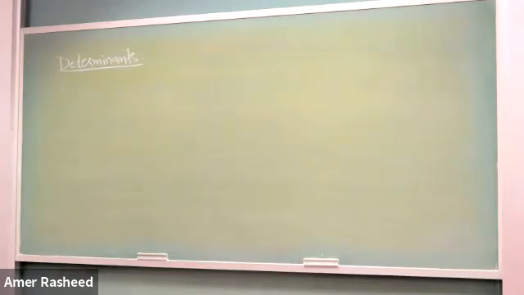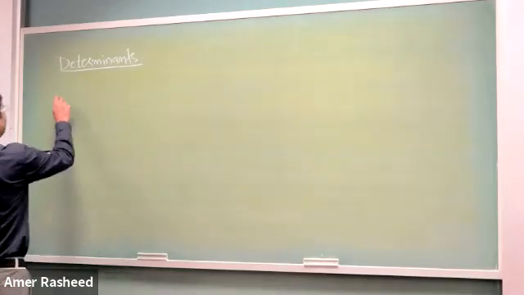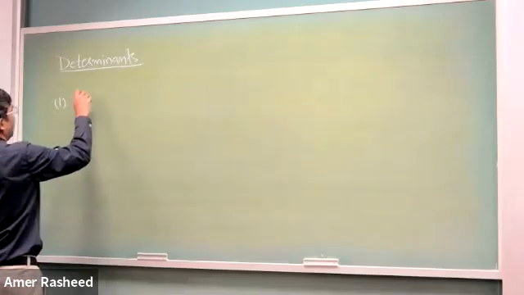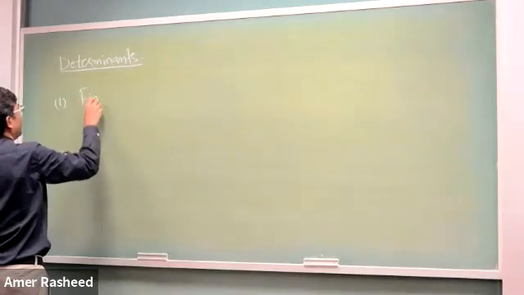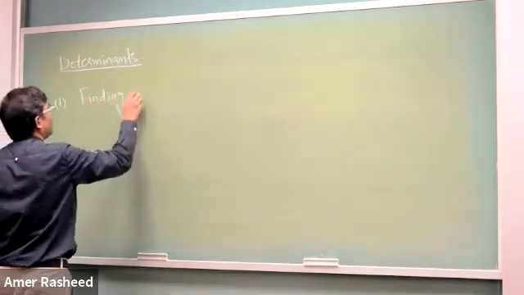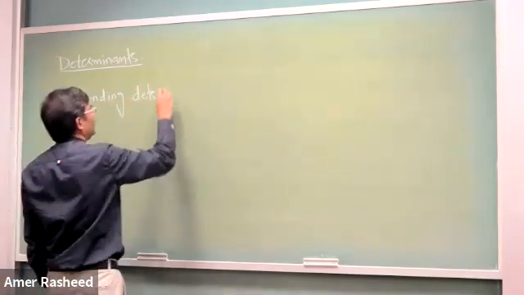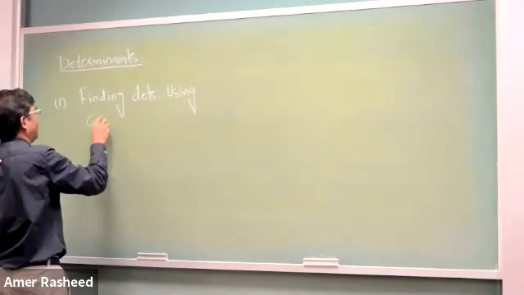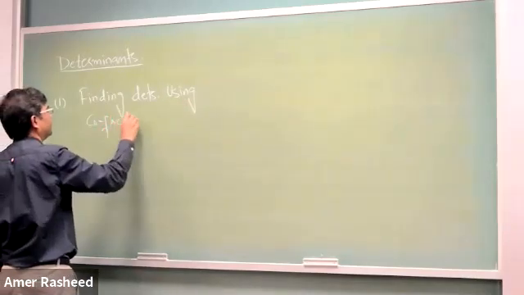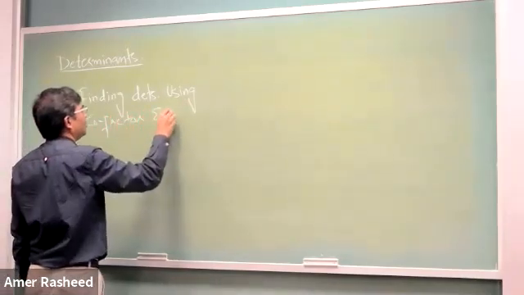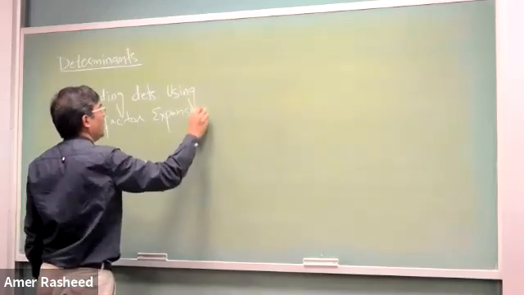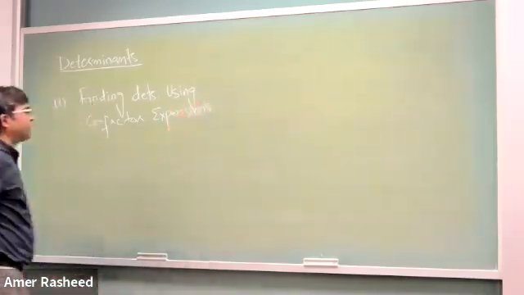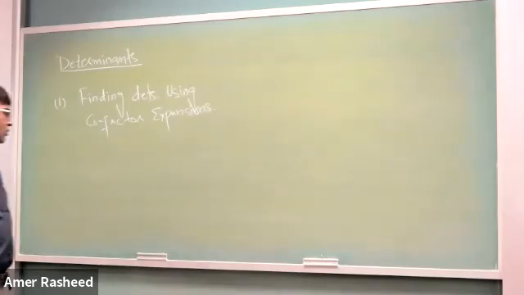So we have discussed how to find determinants in the previous lecture using cofactor expansions. I told you about how to write a cofactor expansion with respect to some row.